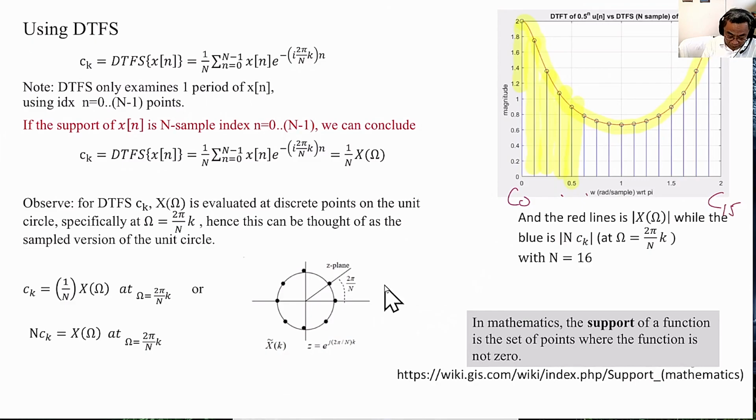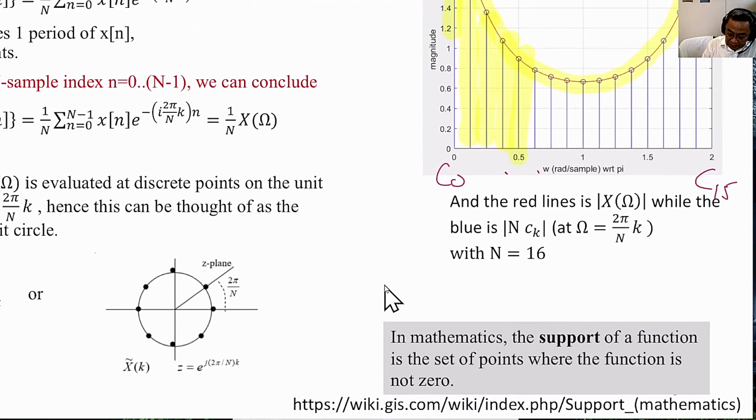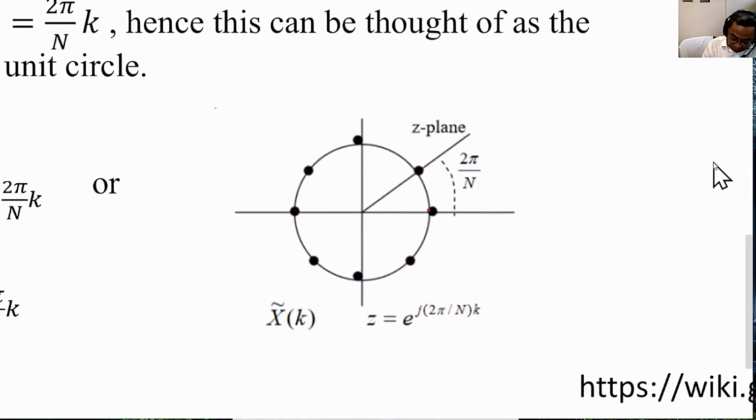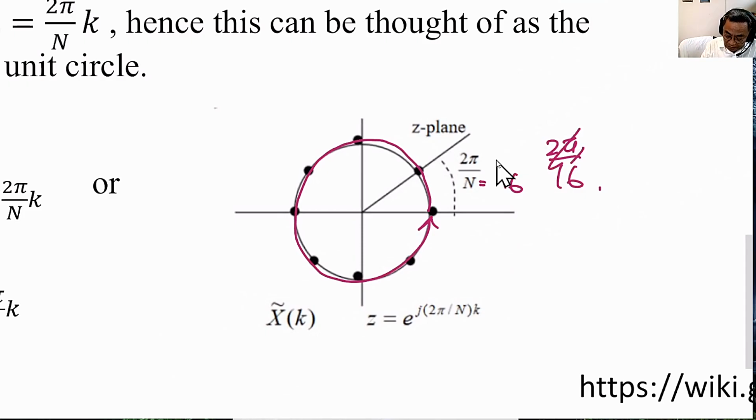The other way to look at this is that, can you see that this is from 0 to 2 pi, and this 0 to 2 pi, as we have said before, can also be thought of as this circle going from 0 to 2 pi. And when we divide it into 16 different parts, it is 2 pi divided by 16, or in this example, I guess it is divided by 8.